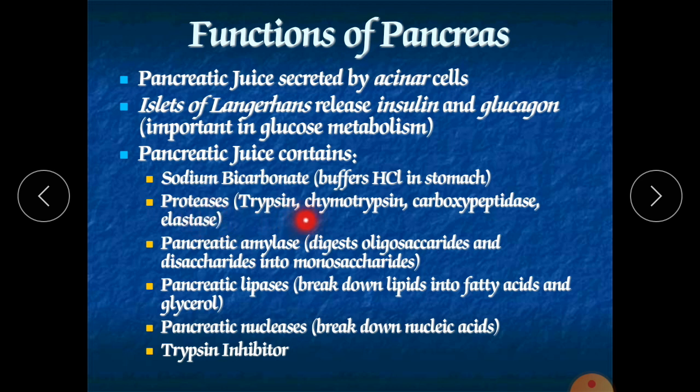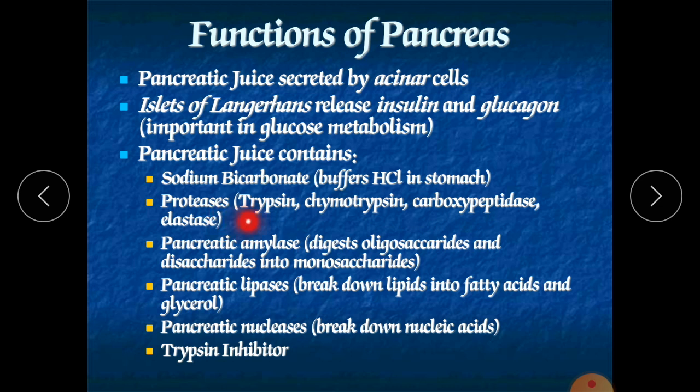These contain 4 types of enzymes: first is trypsin, second is chymotrypsin, third is carboxypeptidase, and fourth is elastase. These are the 4 proteolytic enzymes which break down the amino acid chain and make it into a simpler form.